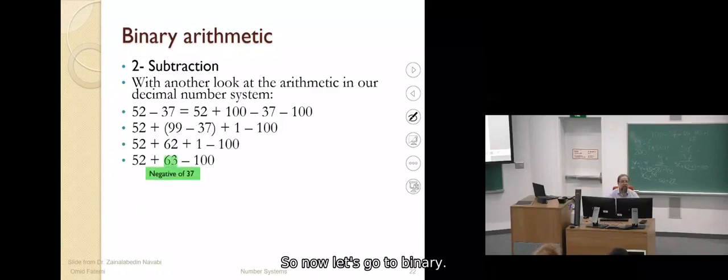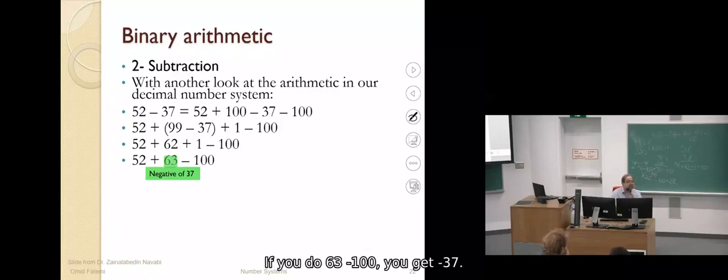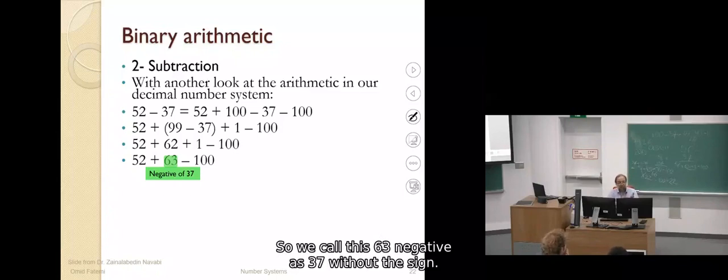So now let's go to binary. And this 63, actually, this is the negative of 37. 63 minus 100, if you do that, you get minus 37. So we call this 63 the negative of 37 without the sign.